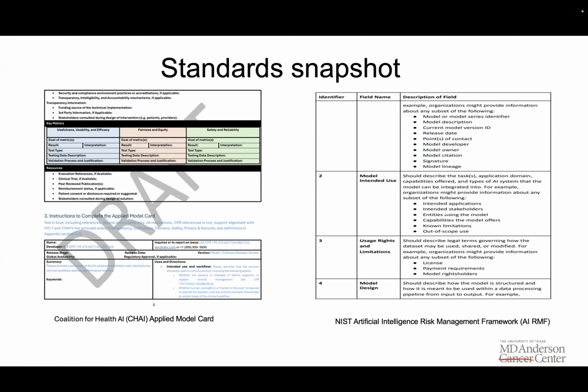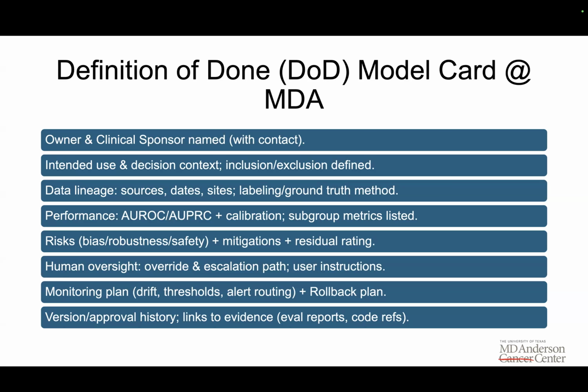And so what we have come out with at MD Anderson is what we call a definition of done for the model card. It means knowing at least this information in the documentation: owner, clinical sponsor, intended use and context, the source of the data, the size, the labeling, the performance and which metrics are used to measure it, and the risk, which is another very important part for the safety of the patient.